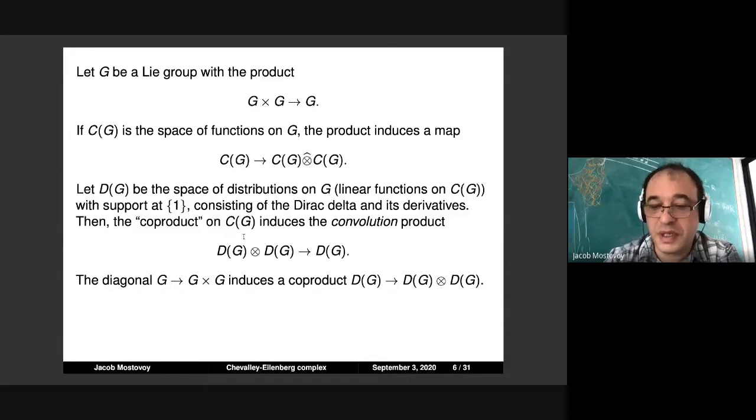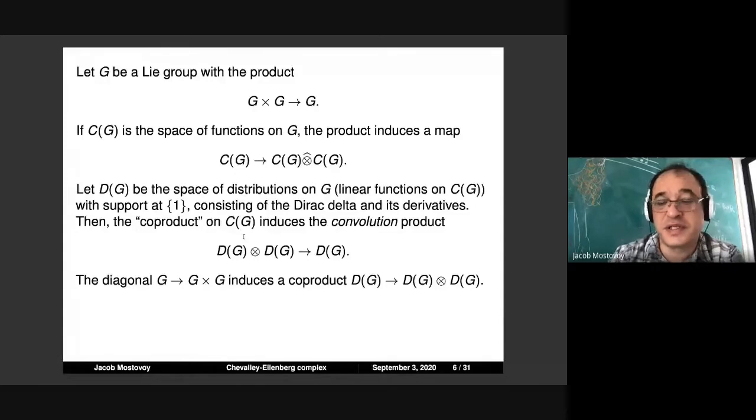So let us have a look at this construction from a different point of view. The construction of a universal enveloping algebra is actually something non-trivial. My favorite way of constructing the universal enveloping algebra is the way it was done by Serre in his book on Lie algebras, or in the volume of Bourbaki on Lie algebras.